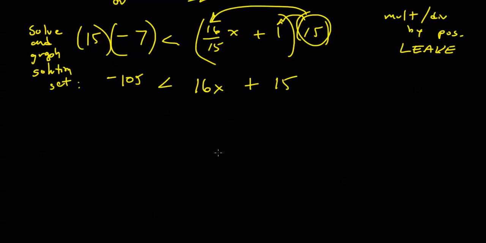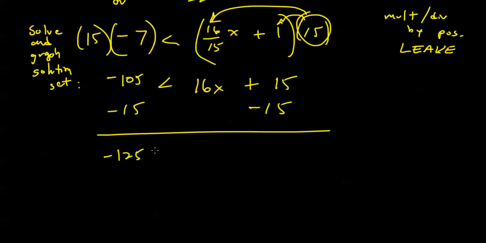Alright. Here I would probably subtract 15 from both sides. Here my x variable is now going to be isolated on the right. So I'll get negative 105 minus 15 is 120, of course. Negative 120. Let me clean this up. Negative 120 on the left is less than 16x.